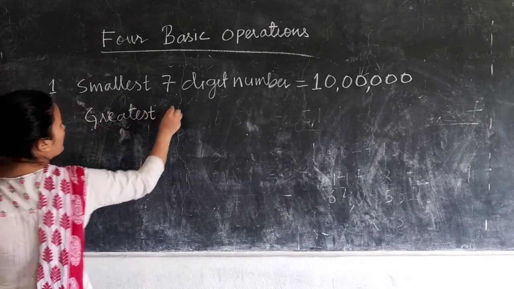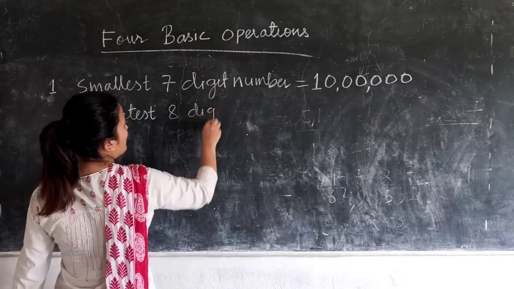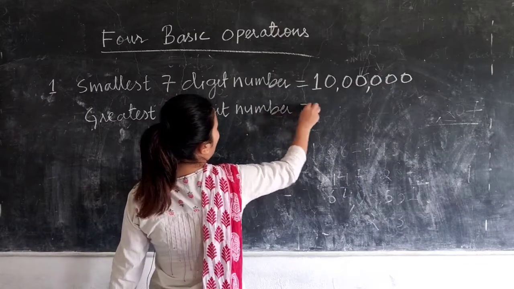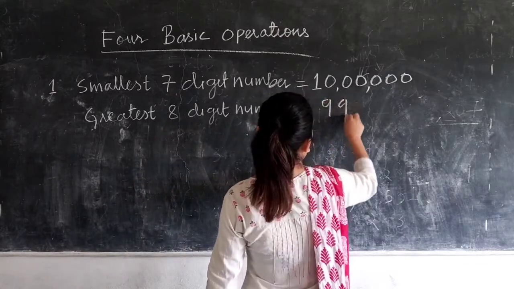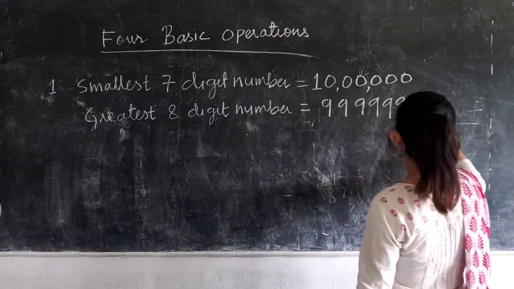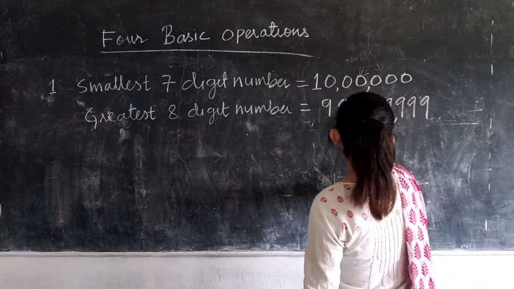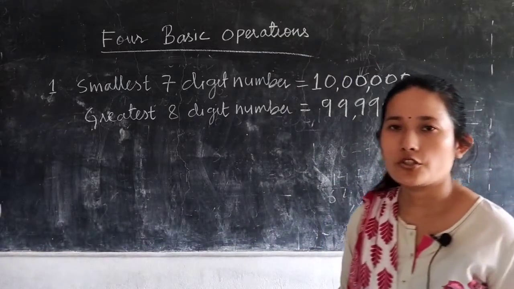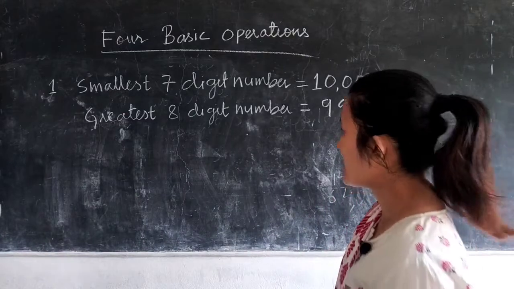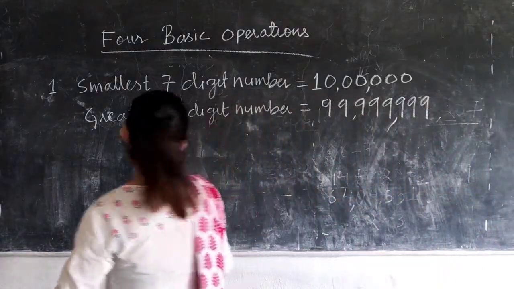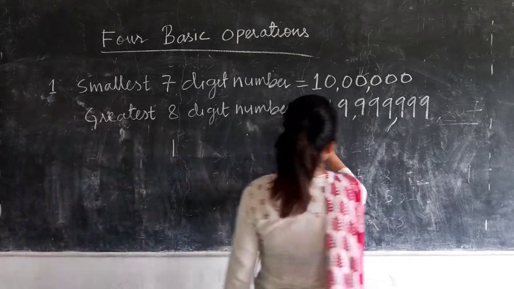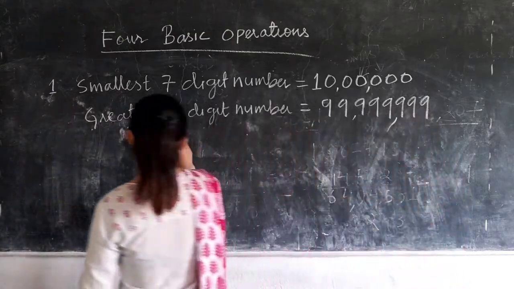And the greatest 8-digit number would be 9, 9, 9, 9, 9, 9, 9, 9. So this one is the smallest 7-digit number and the greatest 8-digit number. Now let's add it, since sum means addition.